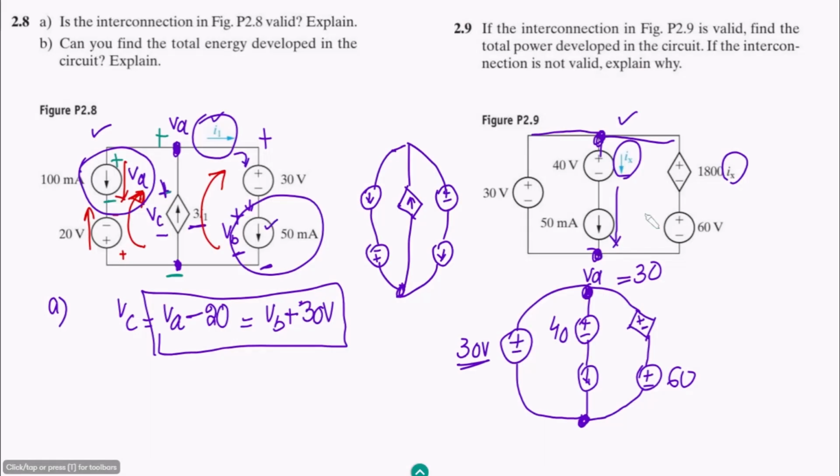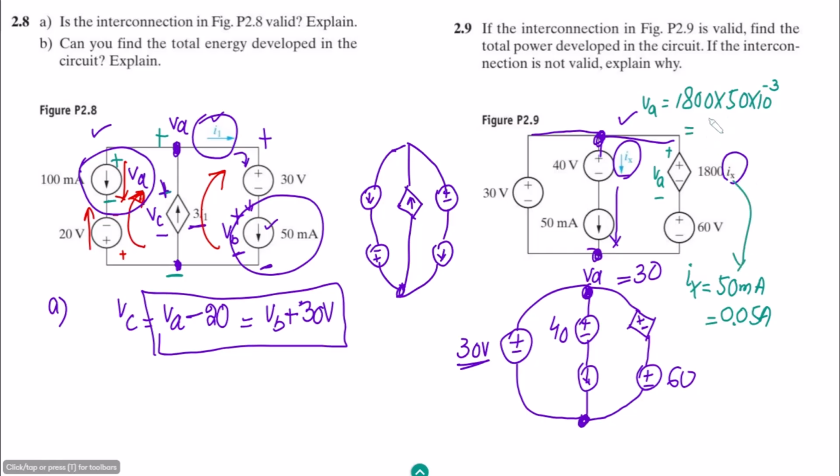The value of Ix is 50 milliamps, or 0.05 amps. Putting it here, what will we get? The voltage across it, let me call it VA. So the value of VA would be 1800 multiplied by 50 multiplied by 10 to the power minus 3, because of this Ix which is here.